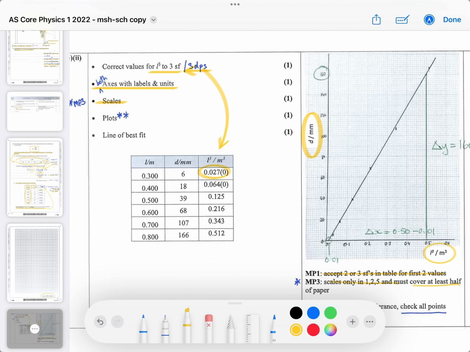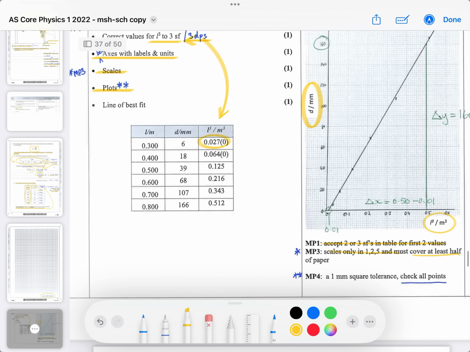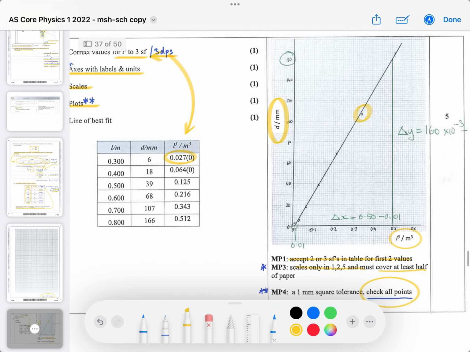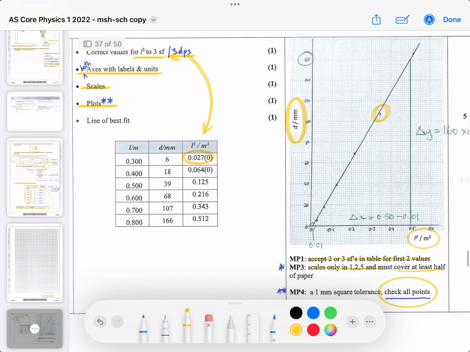So sensible scales going up and easy to plot scales. The plots, they will check. They're saying they're checking all the points. Often, I think they'll look at the 2 which are furthest away from the line of best fit, and concentrate on those and see if you've plotted them to the correct square. If you're more than half a square out, you could lose your plotting mark.